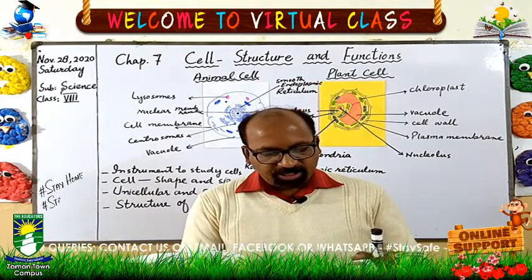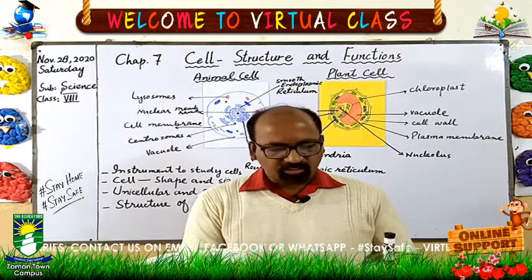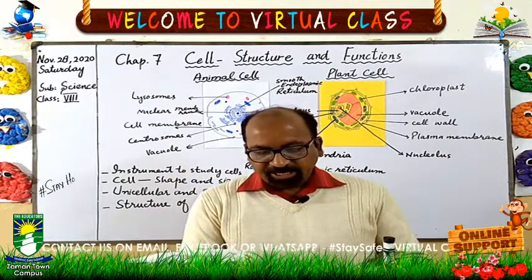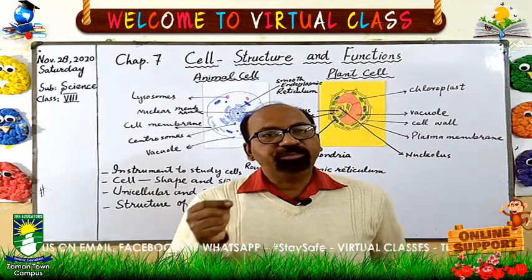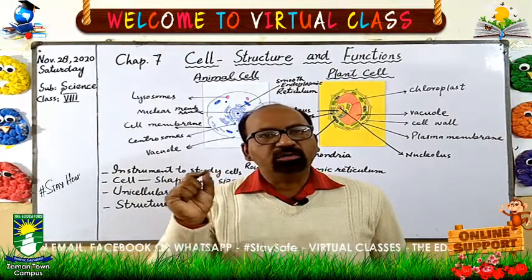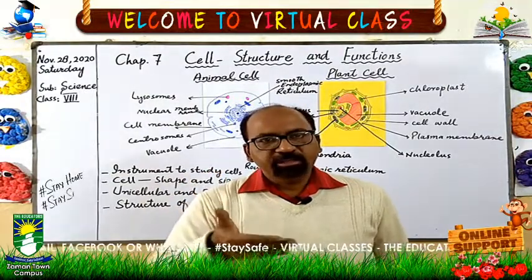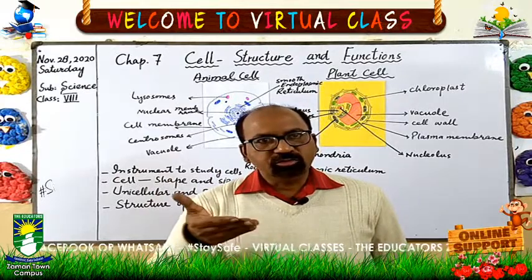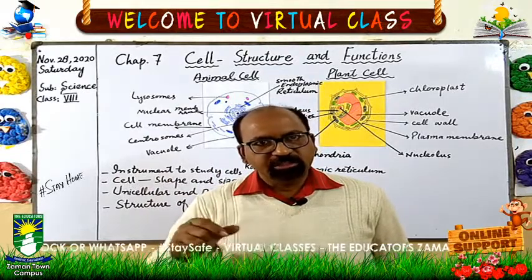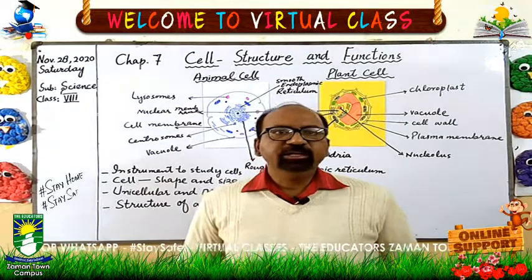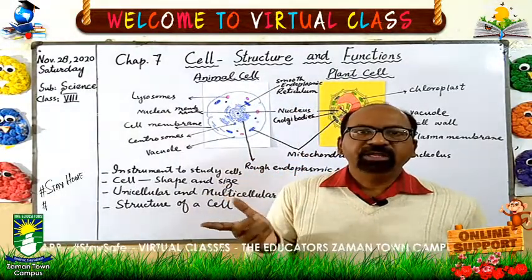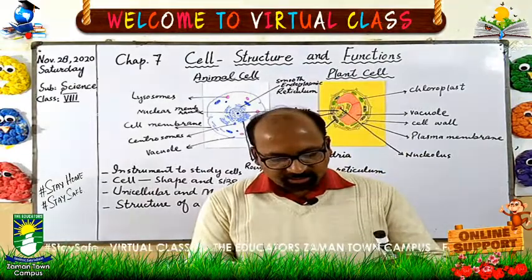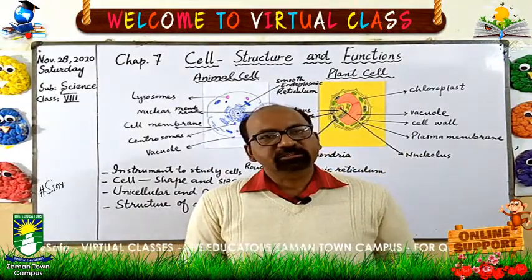He invented the first microscope, and he observed the organisms which were present in a small drop of water. He saw this drop of water on the slide under the microscope, and he saw a lot of living organisms in that. He called these living organisms cells.